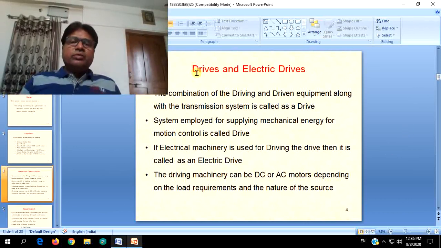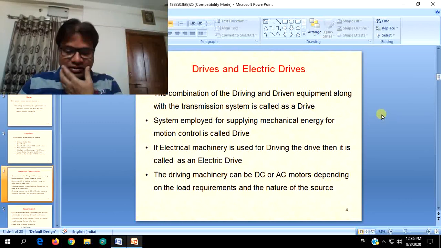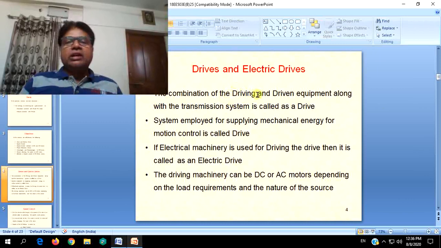Coming to the drive. The drive is defined as the combination of the driving and driven equipment along with the transmission system. It is called as a drive. So driving means the actual machinery or equipment to move or rotate a given mechanical load.